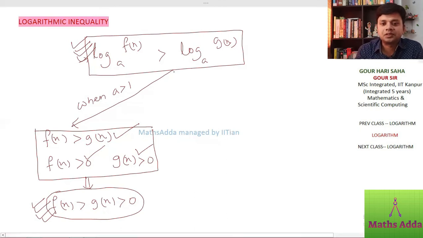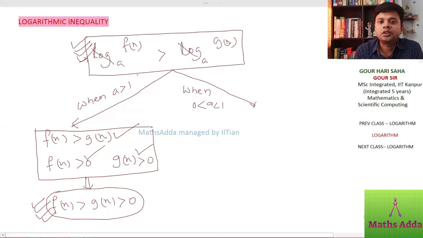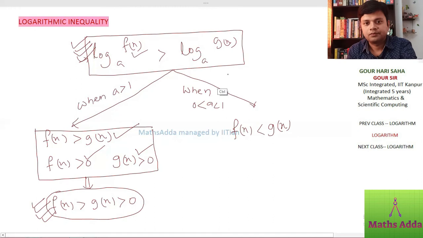Now the second situation, when a is between 0 and 1. If the base is between 0 and 1, and log f(x) is greater than log g(x), what happens if you remove log? It becomes f(x) less than g(x); the sign changed. And the additional thing: f(x) must be positive, g(x) must be positive.